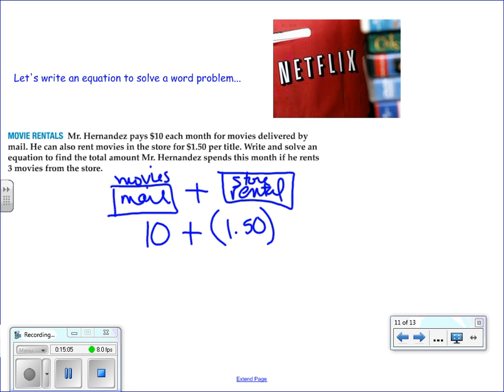For how many movies did he rent? 3. And there's our equation to figure out how much he spent this month. Put M for month. So we can calculate that out. 10 plus 3 times $1.50 is how much he spent on movies. So he spent $14.50.